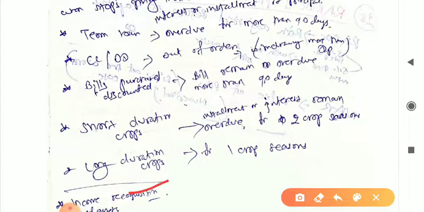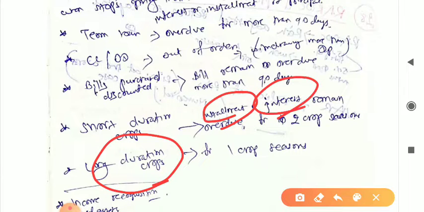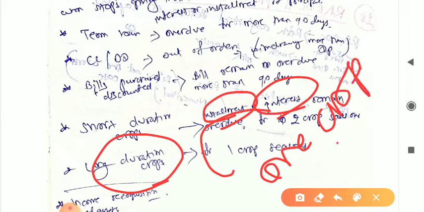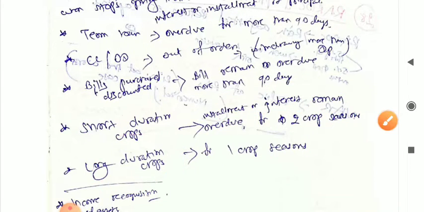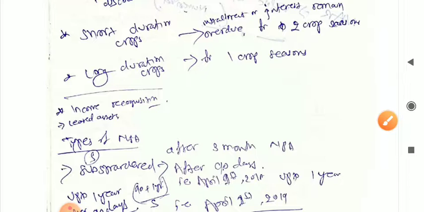And in case of long duration crops, the installment or interest remaining overdue for 1 crop season, right? So this is about the different asset NPA classifications, right?